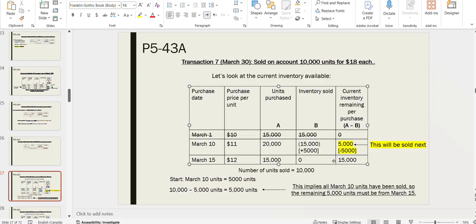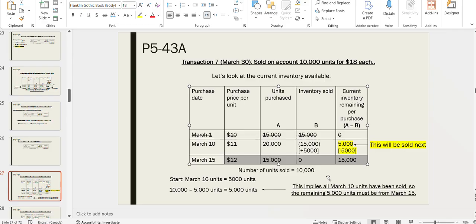So the cost of goods sold of this sale is calculated using these numbers. First, 5,000 items multiplied by 11, from here, and another 5,000 is here, so 5,000 multiplied by 12. So you have two calculations, and the total amount shows the cost of goods sold for your sale on March 30.